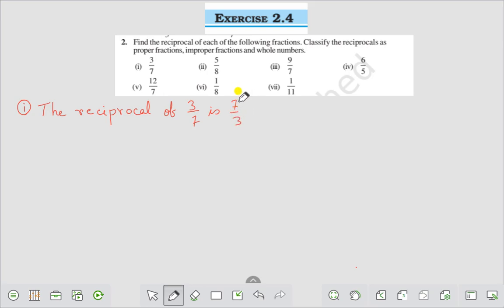Here you see that the numerator is greater than the denominator, therefore it is an improper fraction.